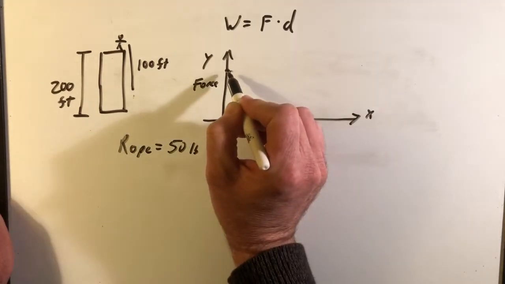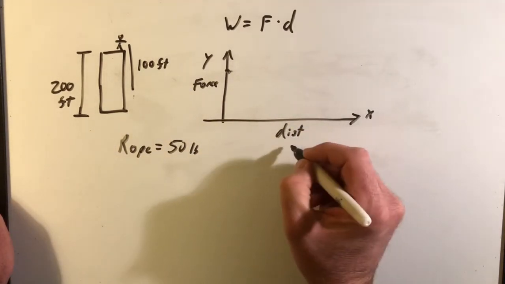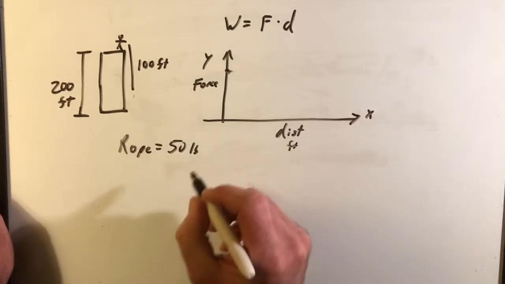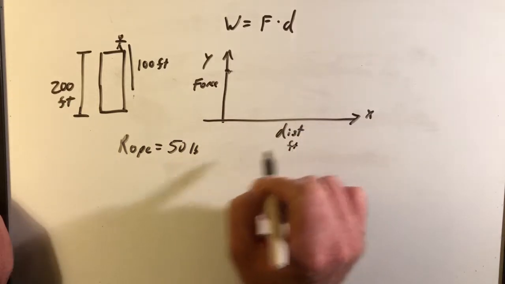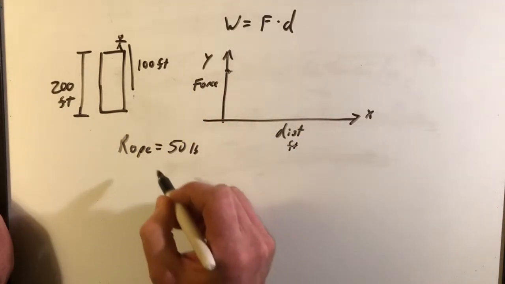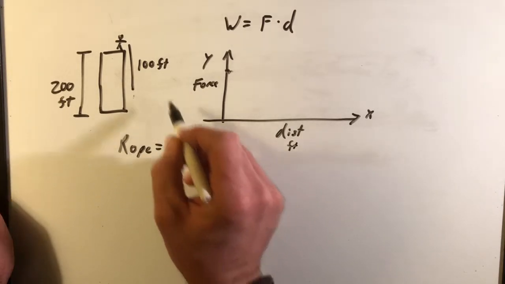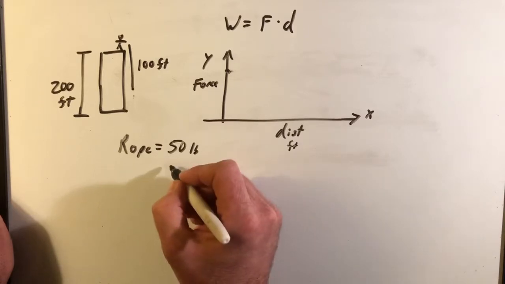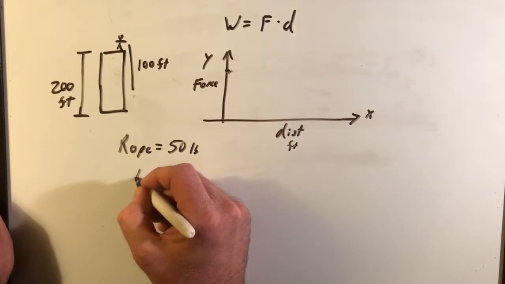That really becomes the slope of your force, because this right here is your distance in feet, and how much force is reduced per unit is a nice linear slope. So in this case, 50 pounds of rope for 100 feet, it would be change in y over change in x.